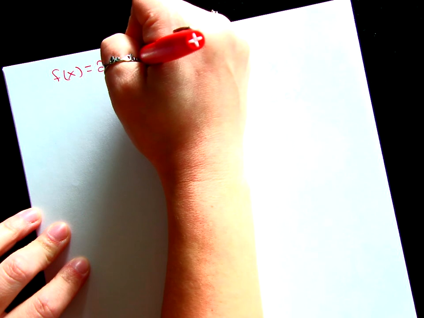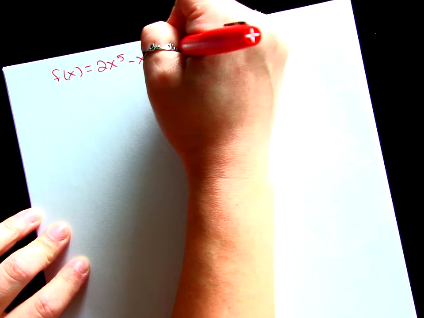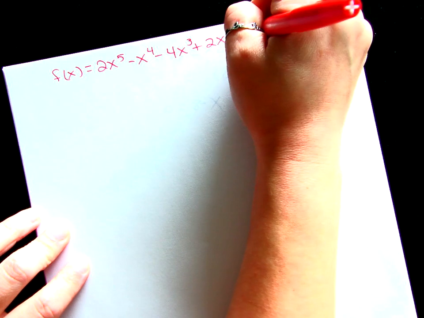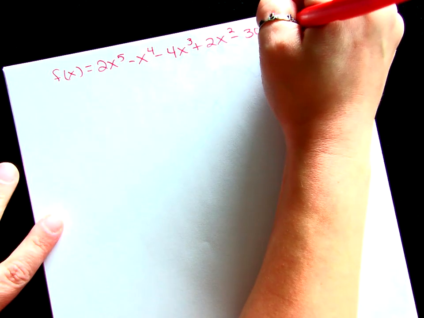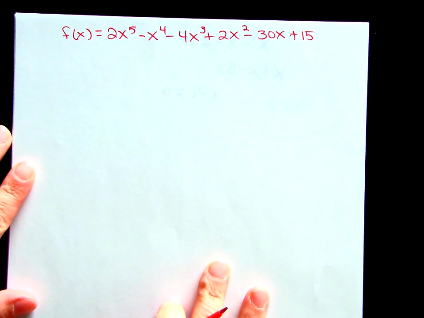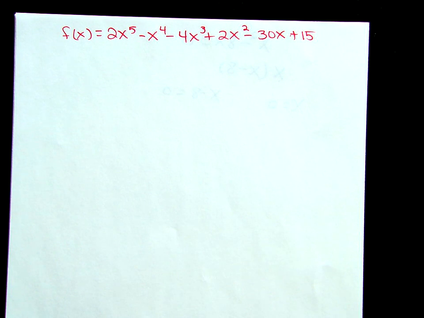We're going to do the exact same process for f of x equals 2x to the 5th minus x to the 4th minus 4x to the 3rd plus 2x squared minus 30x plus 15. That's one big old long polynomial.